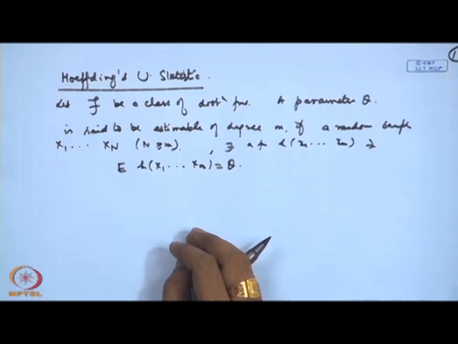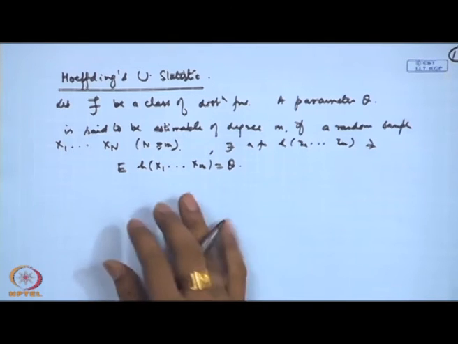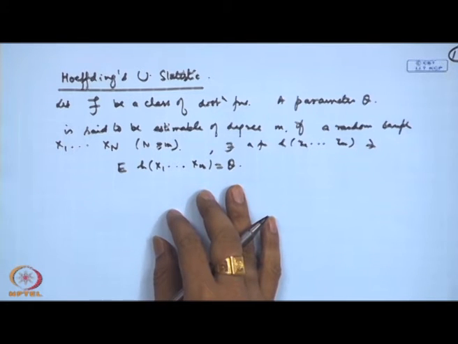Based on this we define a kernel. So, h of x1, x2, ..., xm is called a kernel.